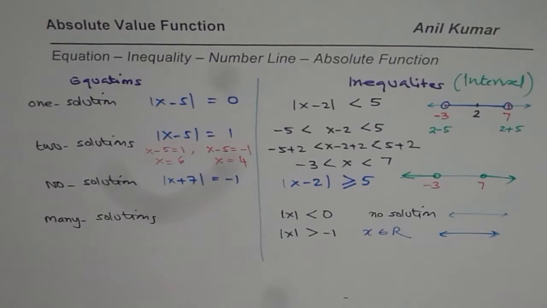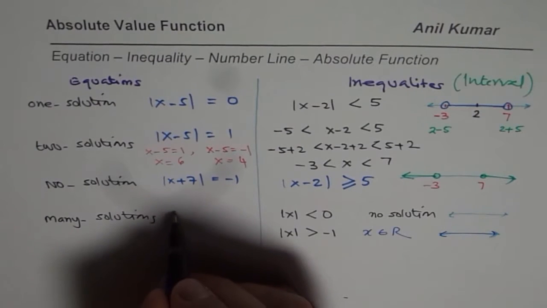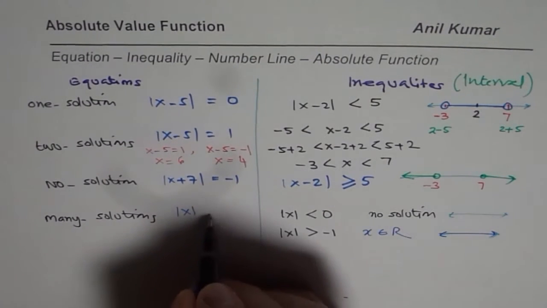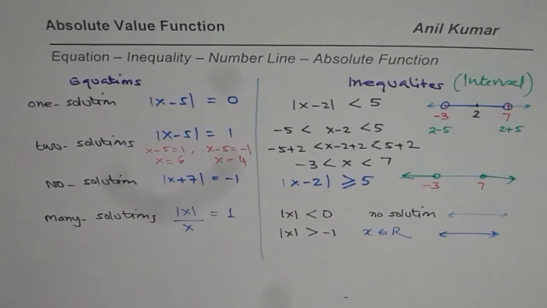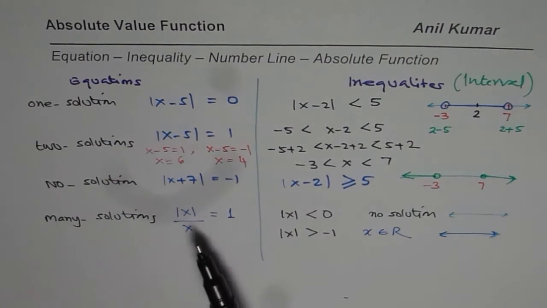Now coming back to absolute functions and many solutions, if I have an equation |x|/x = 1, for example, can you tell me what the solutions are for this equation? That's a very interesting case.